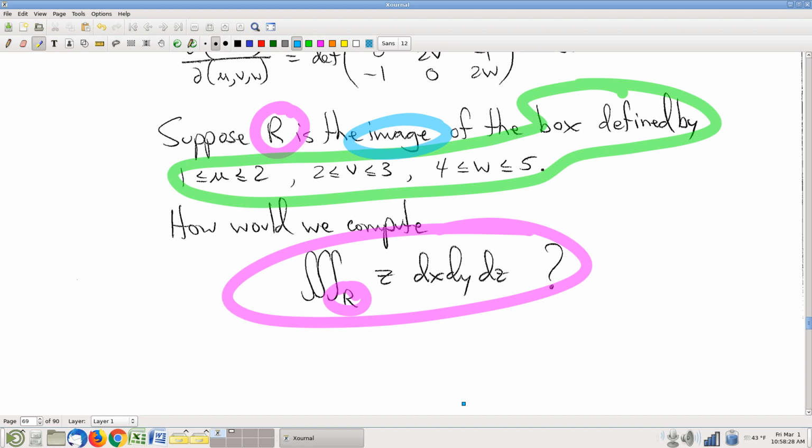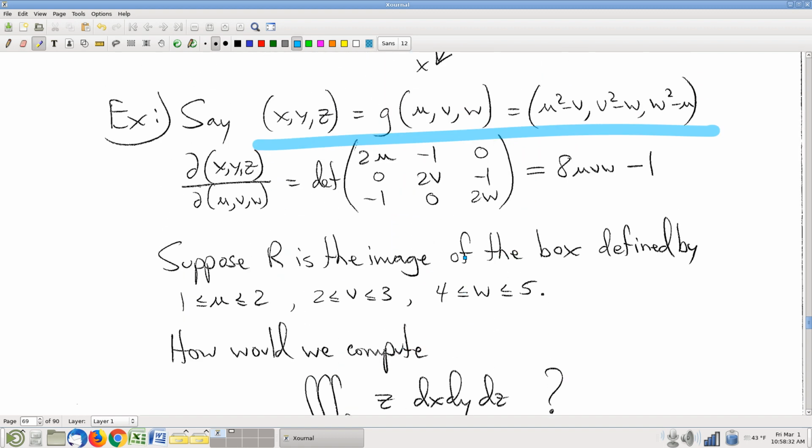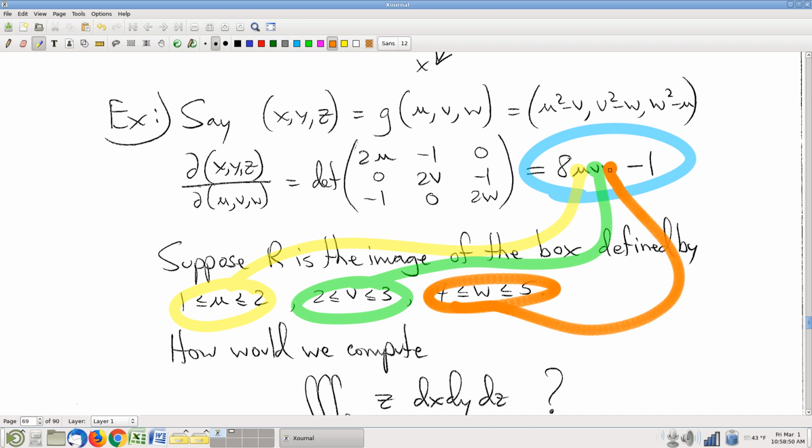How do we know that our stretching factor is positive? Well, here's a formula for our stretching factor, and it says right there, U is always at least 1, and it says right here, V is always at least 2, and it says right here, W is always at least 4.